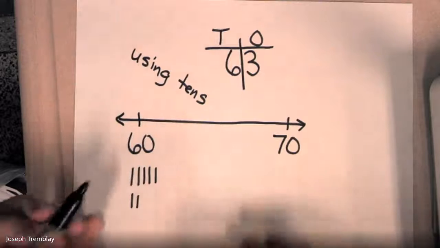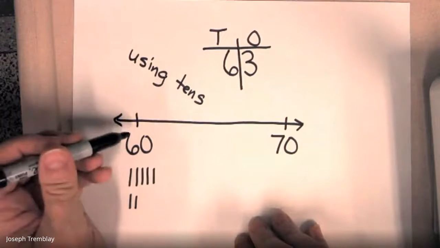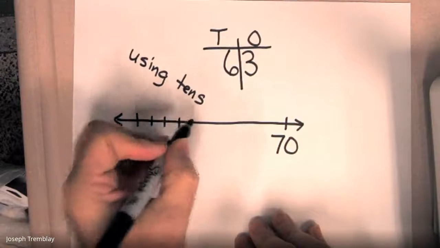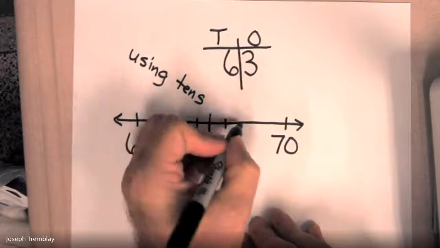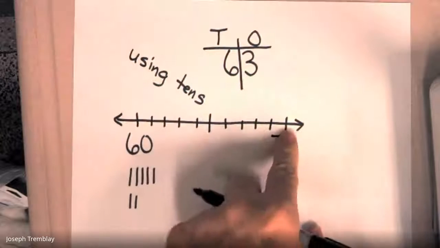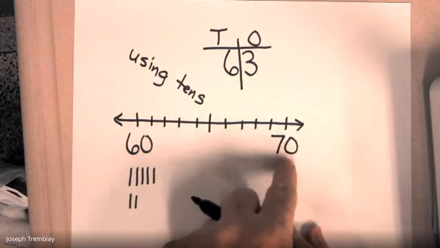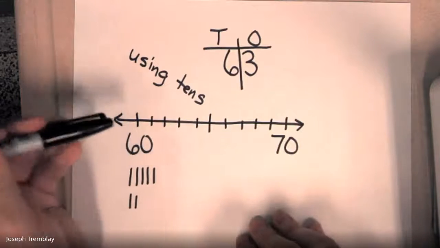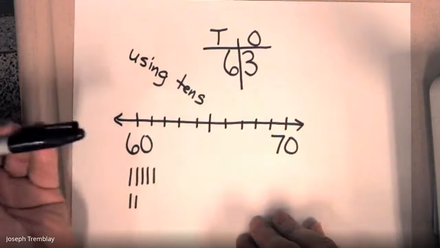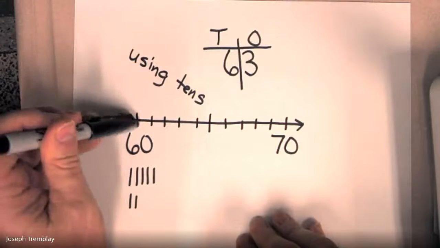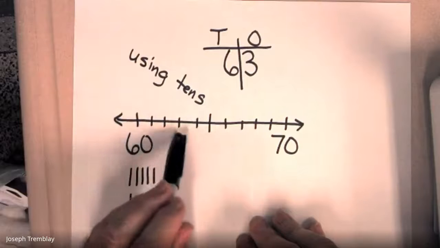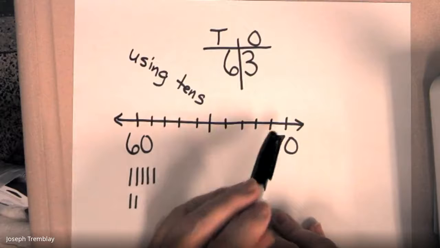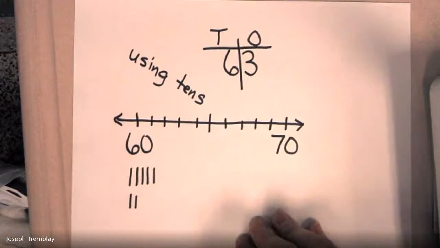So I'm going to put my tick marks in: 0, 1, 2, 3, 4, 5, 6, 7, 8, 9, 10. This last one, 70, is 10. Let's count to make sure we have the right number, and if you have an extra, you can use your pencil and erase it. 60, 61, 62, 63, 64, 65, 66, 67, 68, 69, 70. Yep, I've got the right number of tick marks.